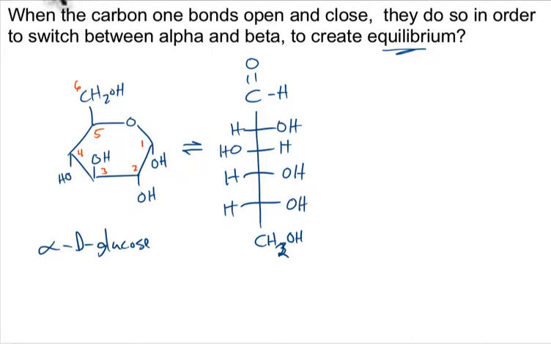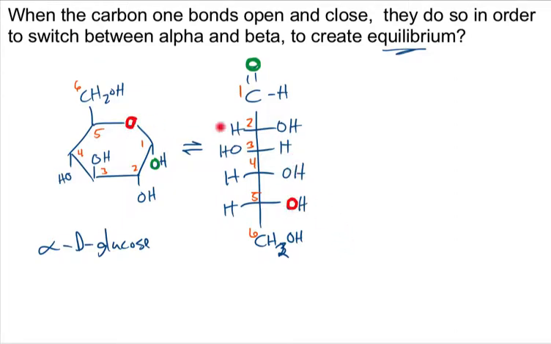Again, if I extend the numbering out on this, there's our 1 through 6 carbons. Notice that oxygen up there is actually that oxygen there, and this oxygen is that oxygen.